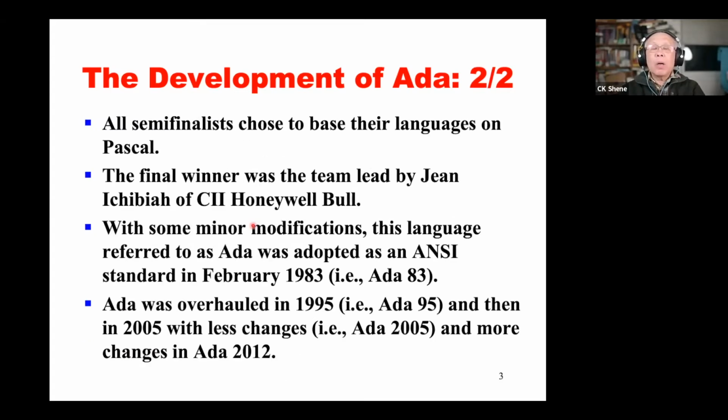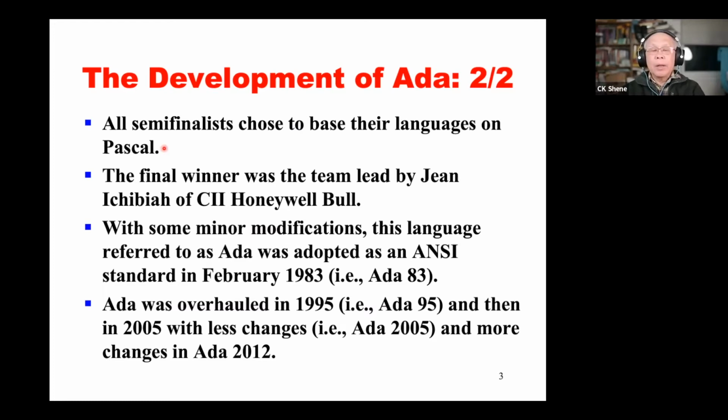All semi-finalists chose to base their language on a very well-known language in the 70s and 80s, the language designed by Nicholas Wirth. It is Pascal. The language Pascal was designed for education purposes, but there were so many extensions.